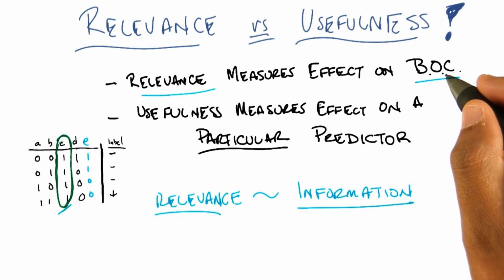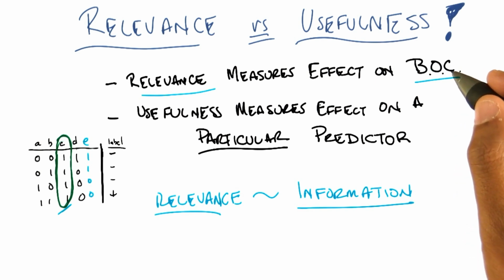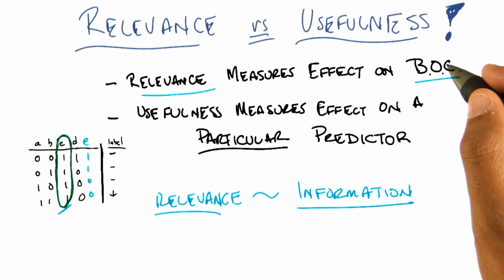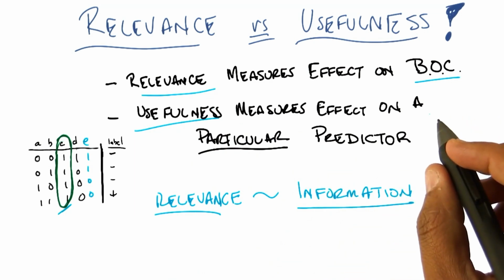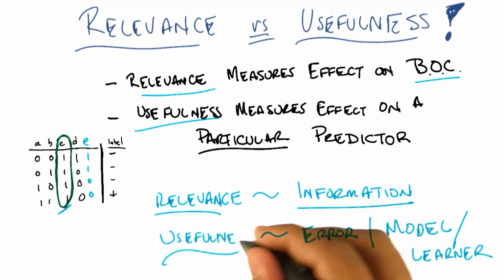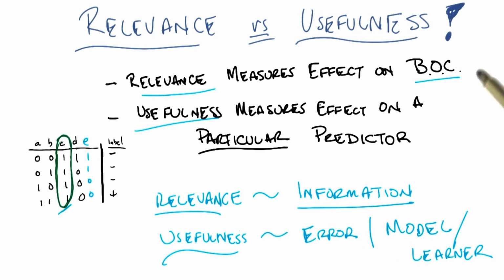Now, this notion of usefulness, not helpfulness, but usefulness, is when we condition on a particular predictor, and that's why we can have C being useful in the context of a perceptron. Right. So usefulness is exactly about effect on error, given a particular classifier or some specific model.